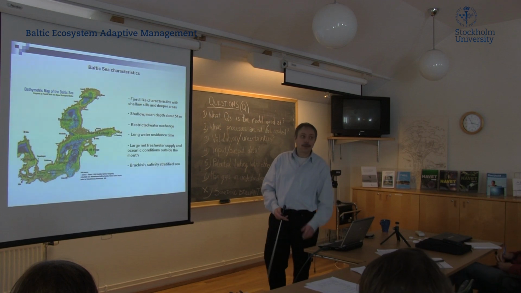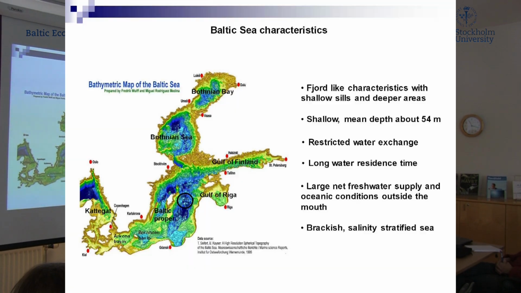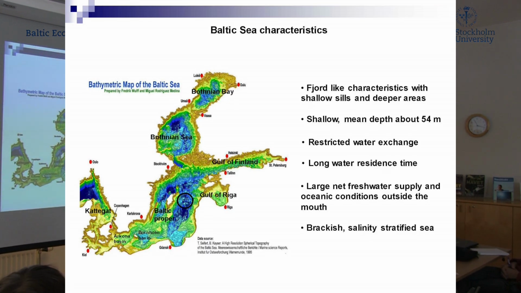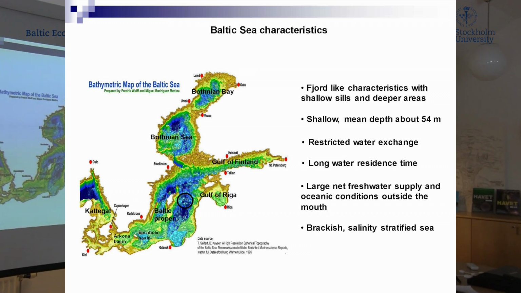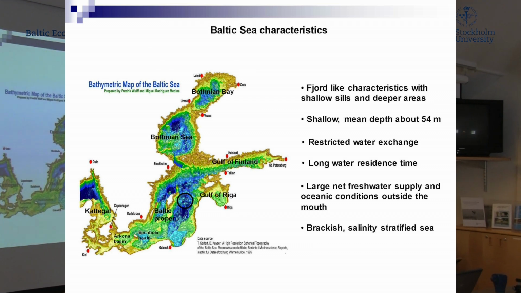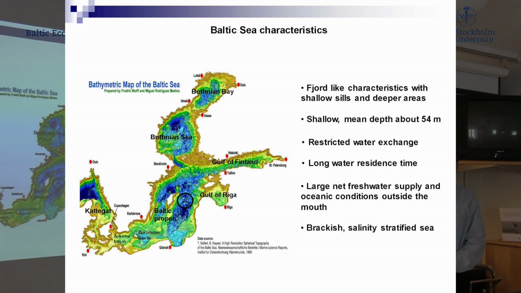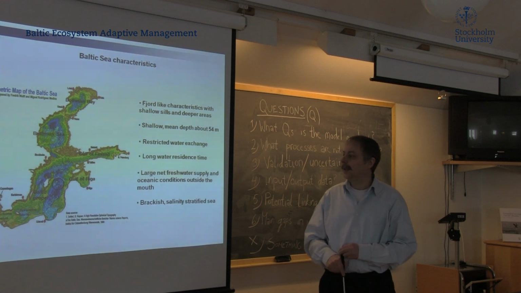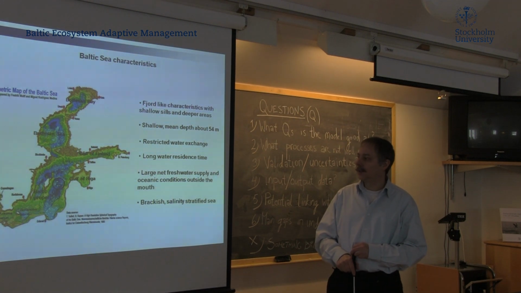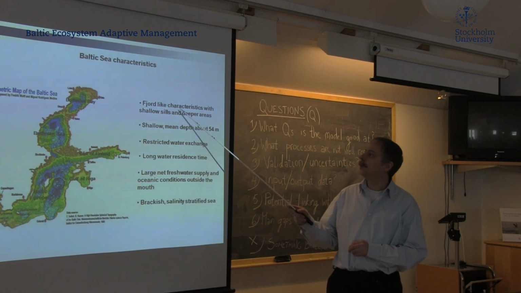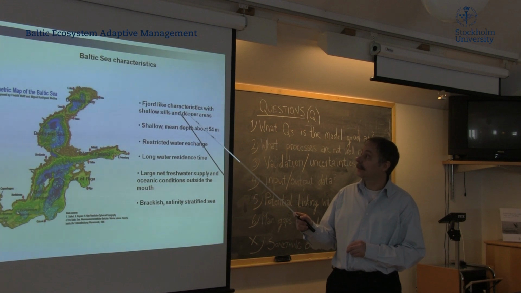As I told you, the physics are very important, and here the Baltic Sea is really somehow special. It's a semi-enclosed sea, but built up into a chain of basins that are connected by narrow and shallow straits. So we have a fjord-like characteristic.